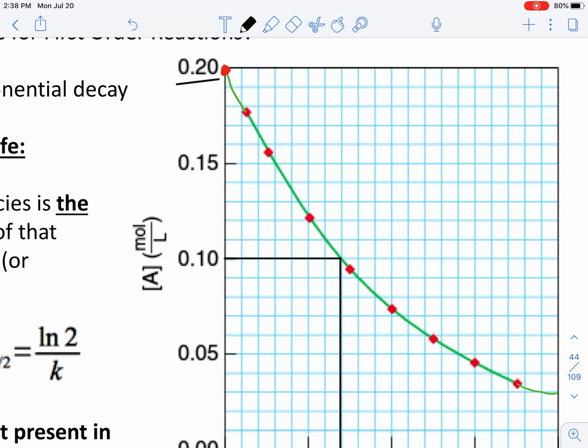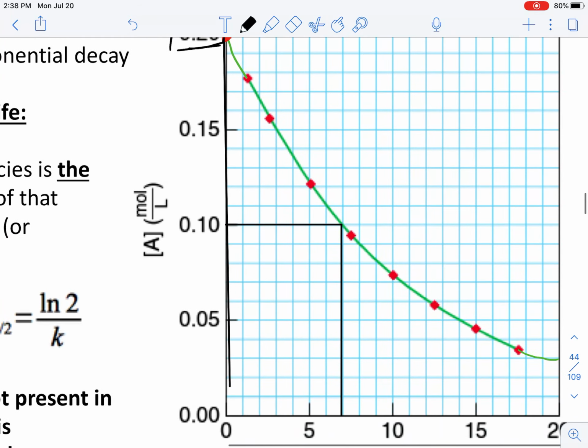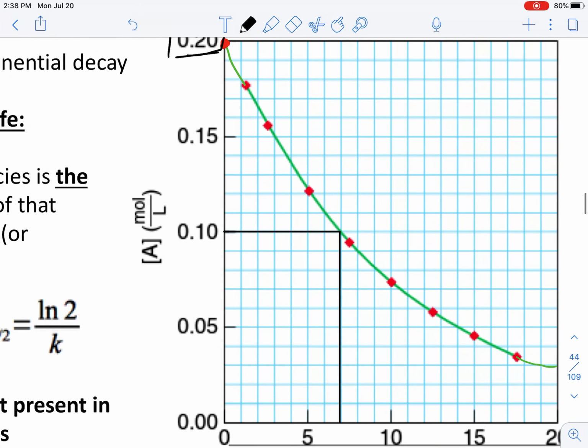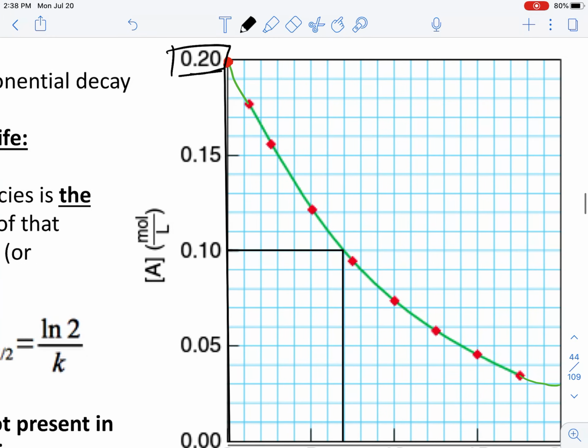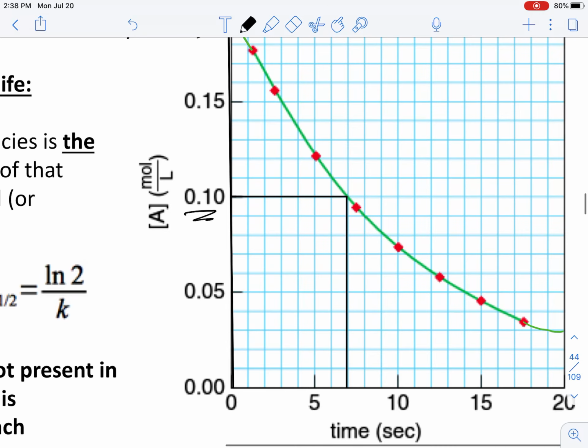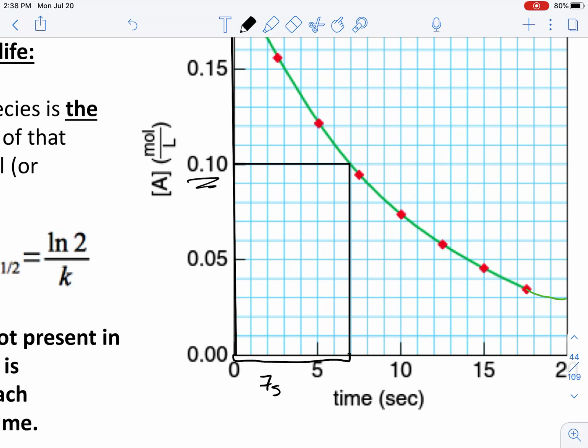If the original concentration is 0.20, then the time is going to be 0. If we go from 100% to 50%, the time it took is approximately 7 seconds.